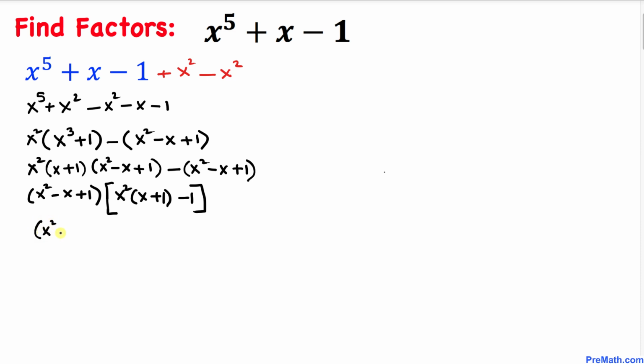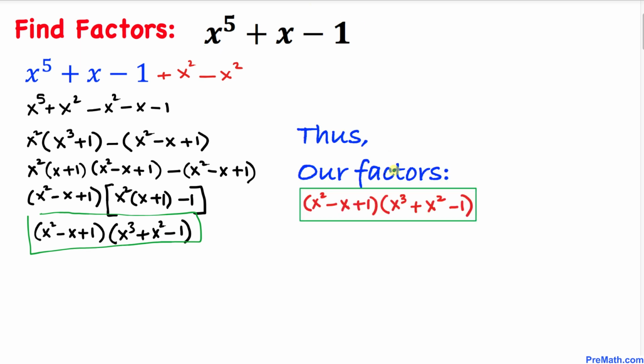X squared minus x plus 1, and here we can distribute, and if we distribute, this is going to become x power 3 plus x squared minus 1. And these are our complete factors of this given trinomial. So thus here are our complete factors: x squared minus x plus 1 times x power 3 plus x squared minus 1.